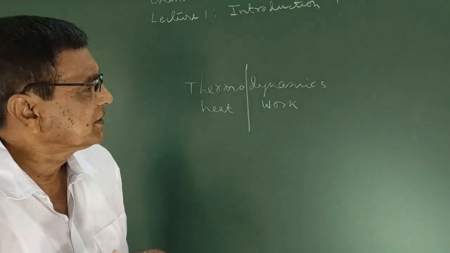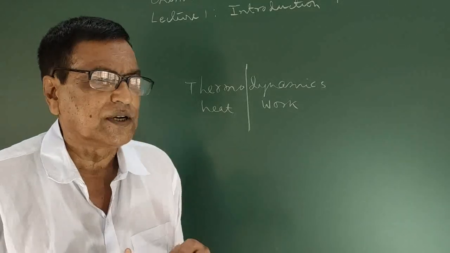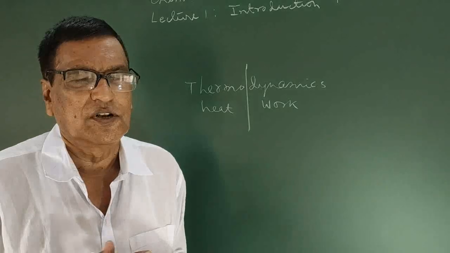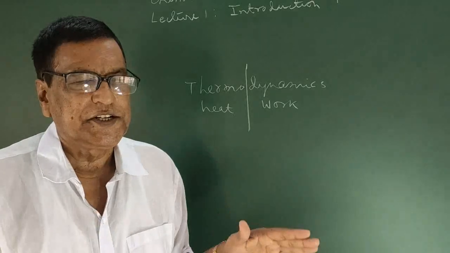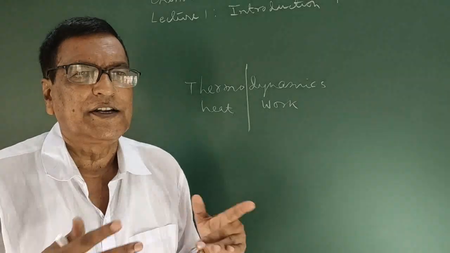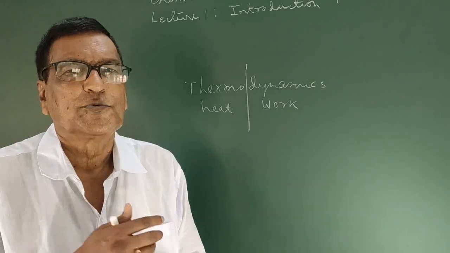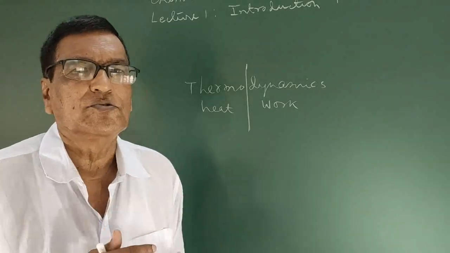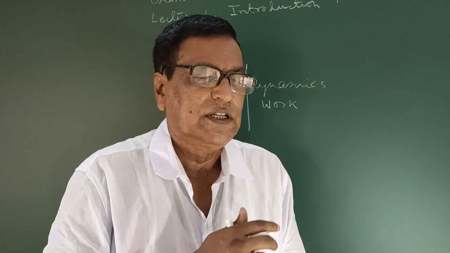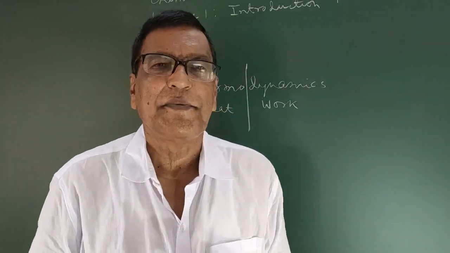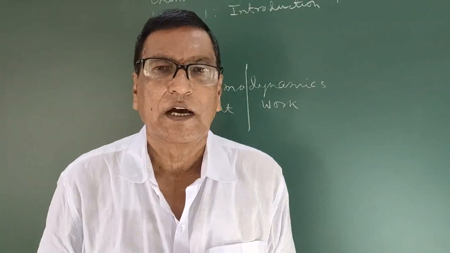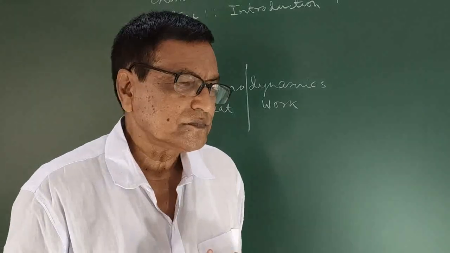And the fourth one, which is called the zeroth law, came much later, and it defines the temperature and also provides the method of how to measure the temperature by the use of a thermometer.